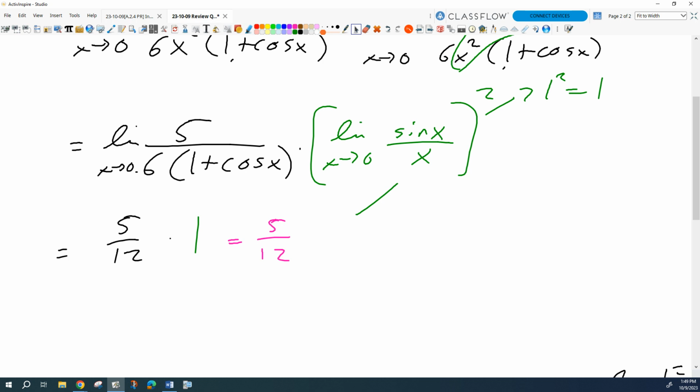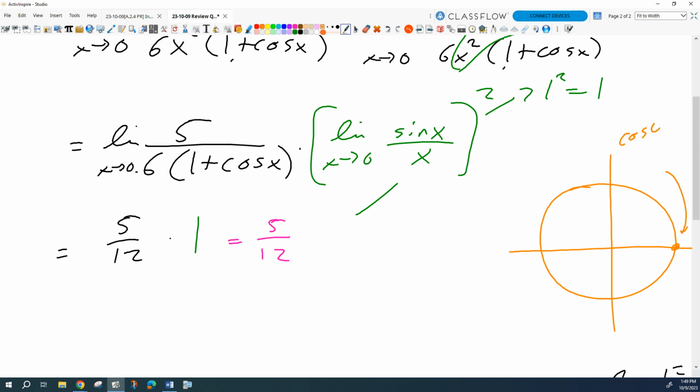Well, it's just a unit circle issue, right? If I look at the unit circle, there's the point at 0. Cosine is the x coordinate, so what's this telling us here? It's telling us cosine of 0 equals 1. Sine of 0 equals 0, right?